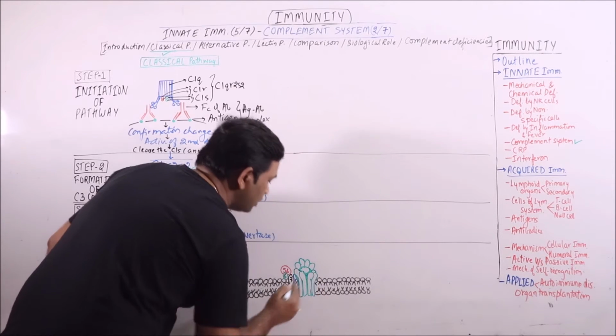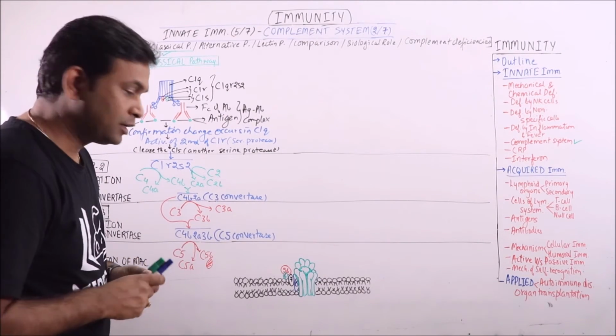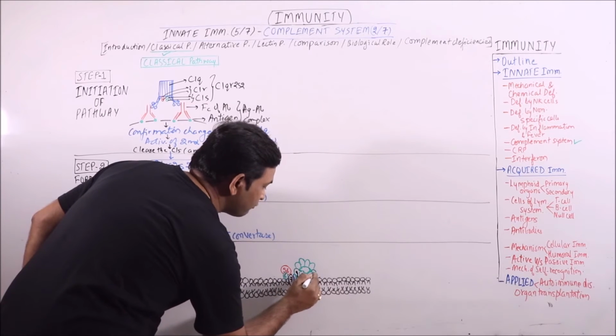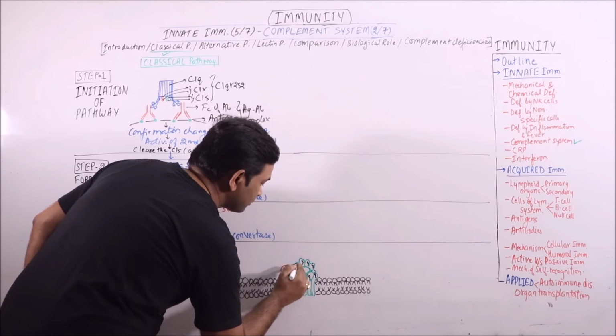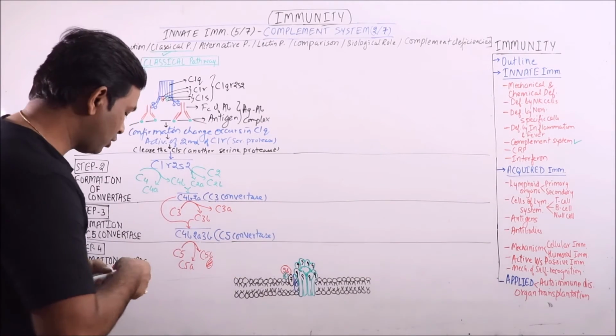And a hole is created in the membrane which will result in lysis of cell. These are molecules of 9. So this is known as membrane attack complex.